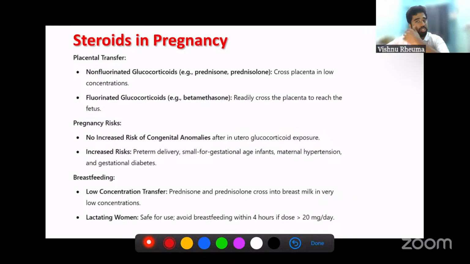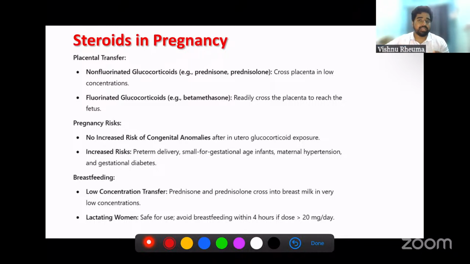Then coming to steroids, placental transfer will occur depending on the steroid type. So this is an important concept here. If you're wanting to treat the patient, the mother, it's a different thing. If you're wanting to treat the neonate, it's a different thing. When you want to treat the neonate, you want the steroid to cross the placenta, right? It's something like neonatal lupus.